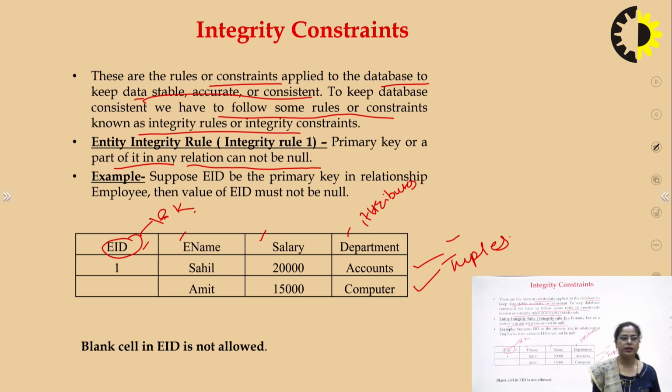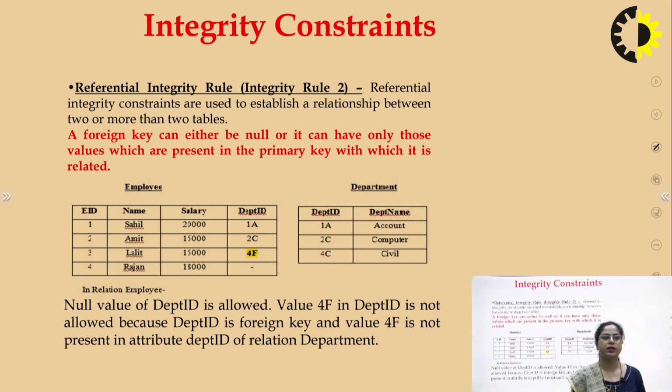The entity integrity rule says the employee ID, or any part of it, should not be null. In the second row, the employee ID cell is null. So a blank cell in employee ID is not allowed. This is the first entity integrity rule.